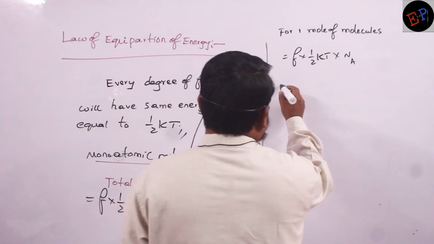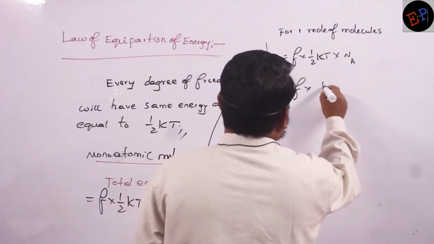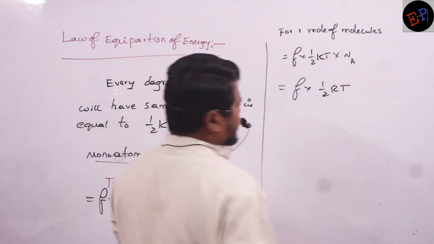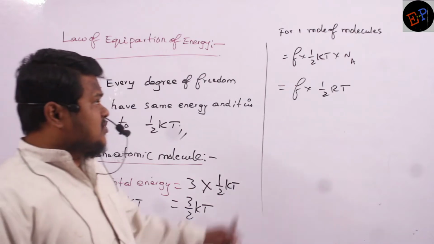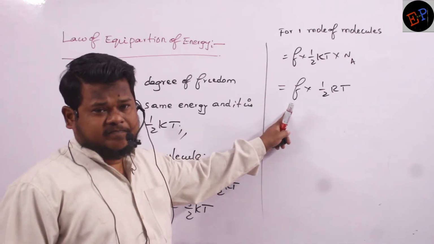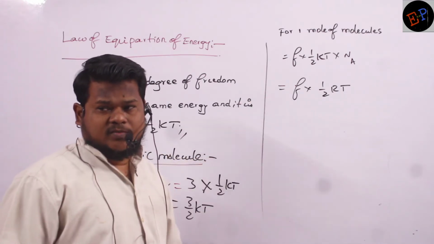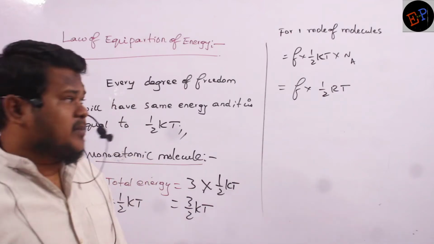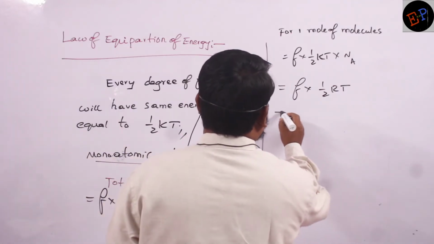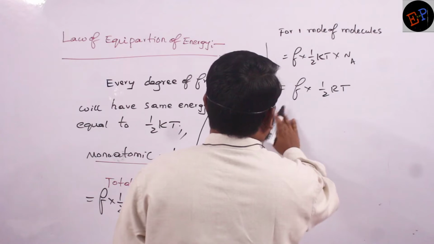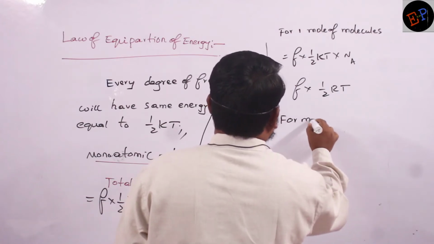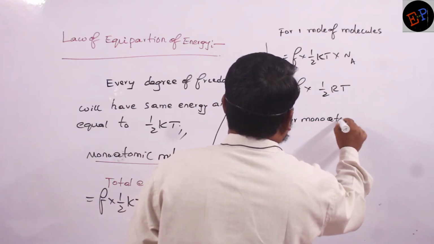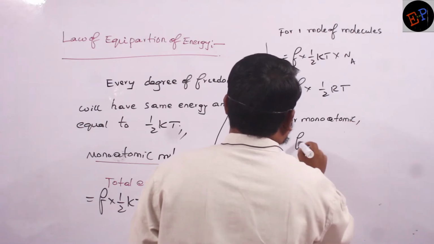So therefore, how do I have to write? I have to write F multiplied by half RT. Okay? So this is the total energy possessed by 1 mole of monoatomic molecules. So what is the F value for monoatomic? For monoatomic, F value is 3.